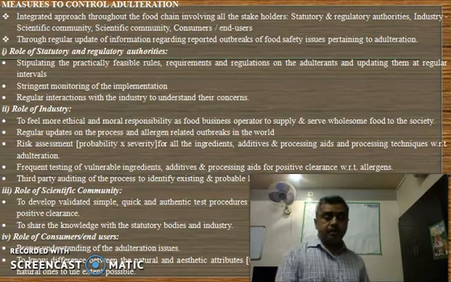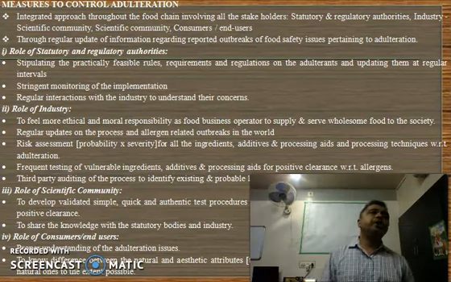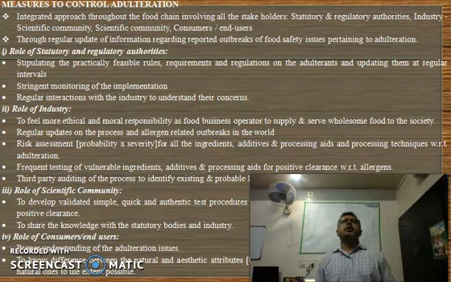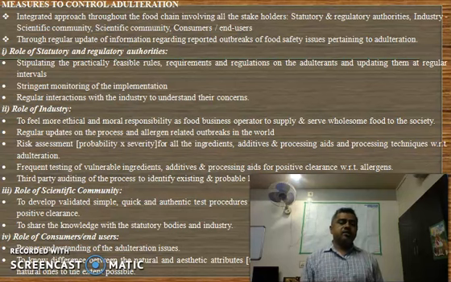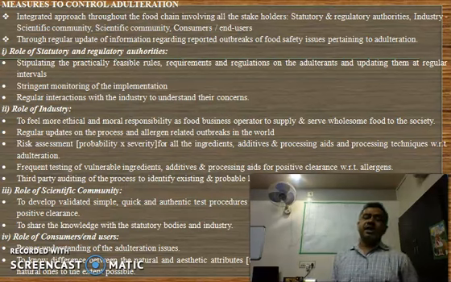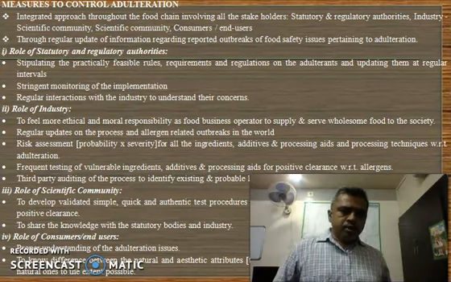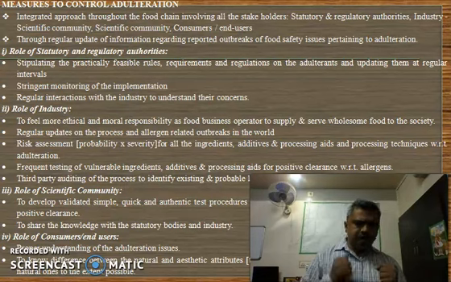There are major roles of the scientific community. There are a number of research stations as well as government authorities working to develop or validate simple and quick authentic tests to scan ingredients, food additives, and processing aids for positive clearance.